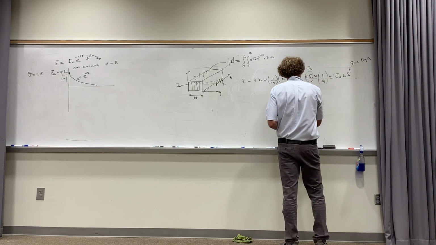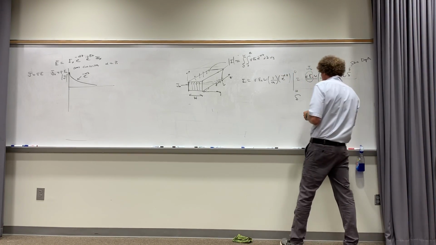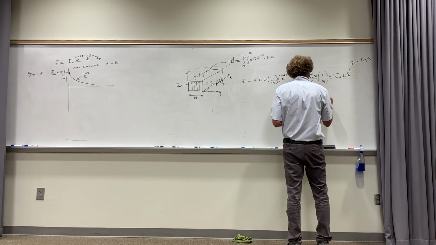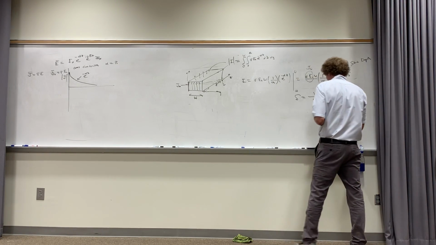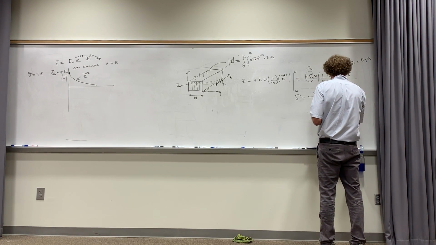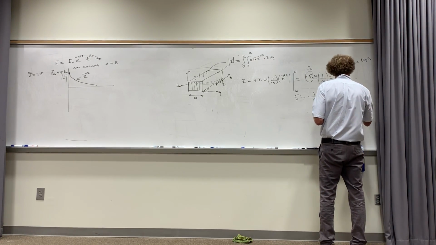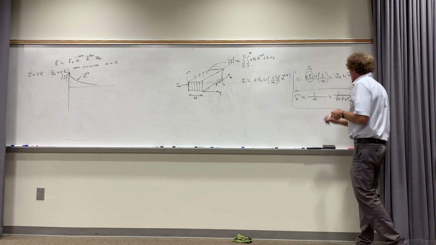And the skin depth is given the symbol delta, and it's equal to 1 over alpha, and that's equal to 1 over the square root of pi f mu sigma. Now this is important. This is skin depth right here.